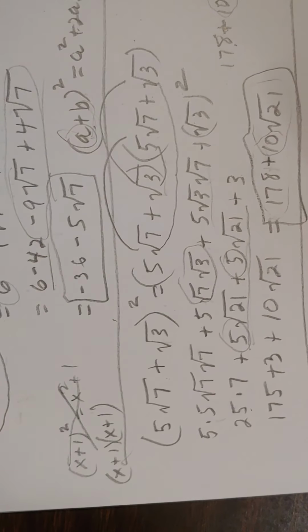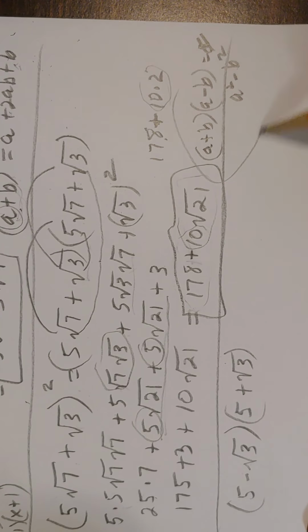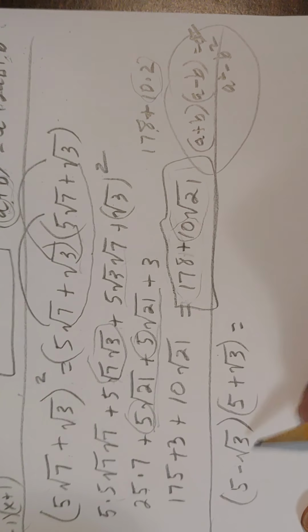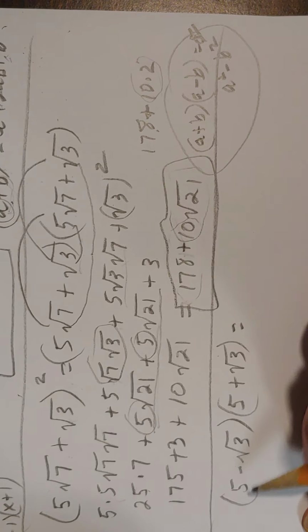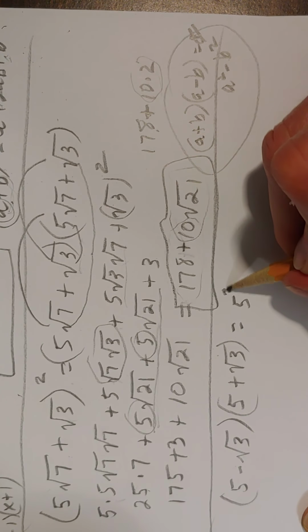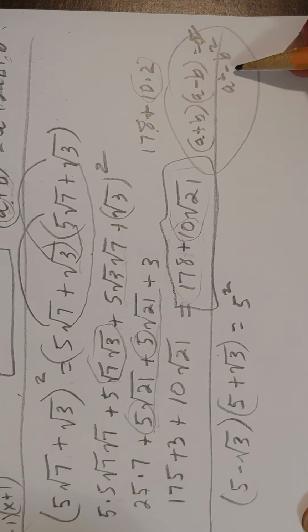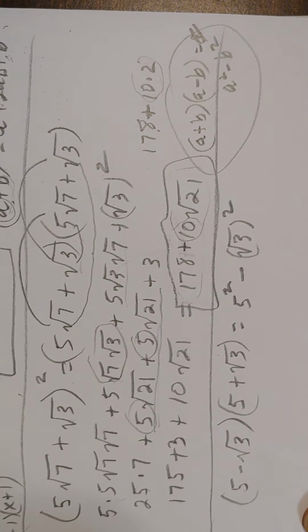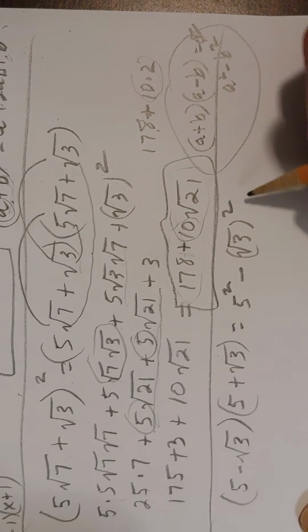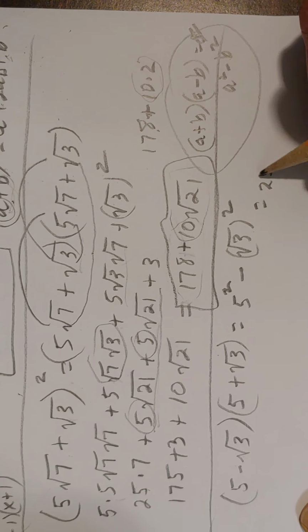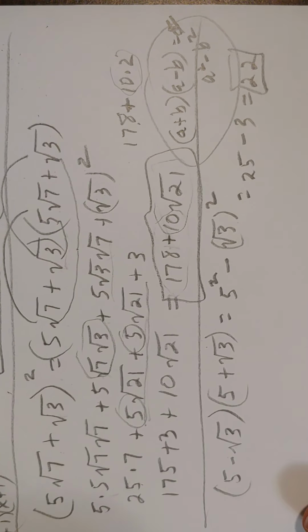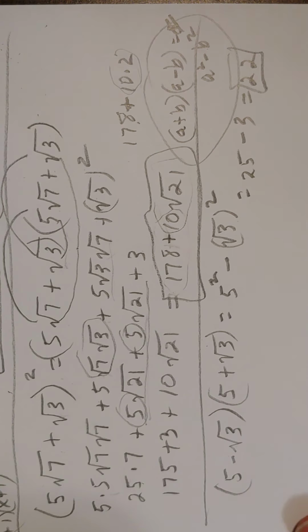If I do this, I'm probably going to use this form I memorized because it's easier. Let me do that first. Since it looks like a minus b times a plus b, I square the 5, just like you square the a over here, minus, I square the square root of 3. And it's a difference of those two. So that becomes 5 5s are 25, minus the square root of 3 squared is 3. 25 minus 3 is 22. Done. A rational number. It doesn't even have a radical.